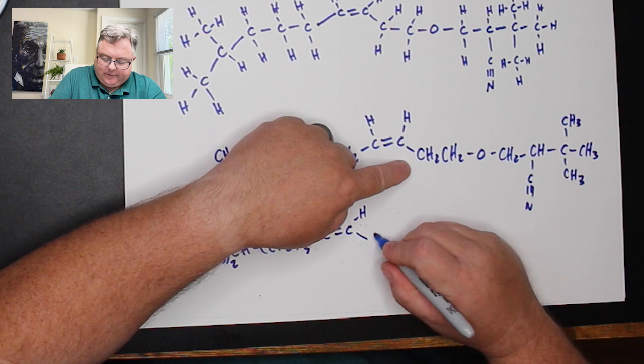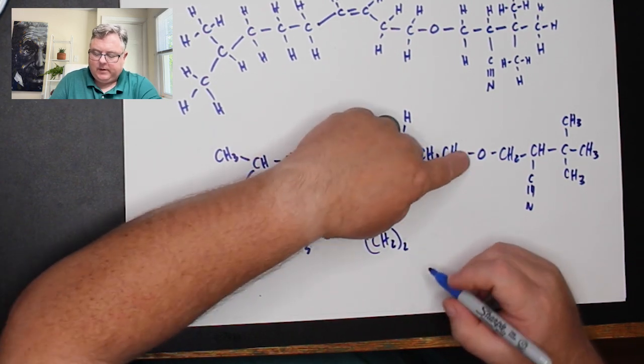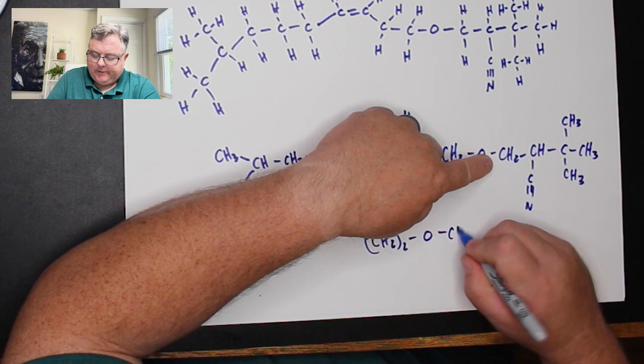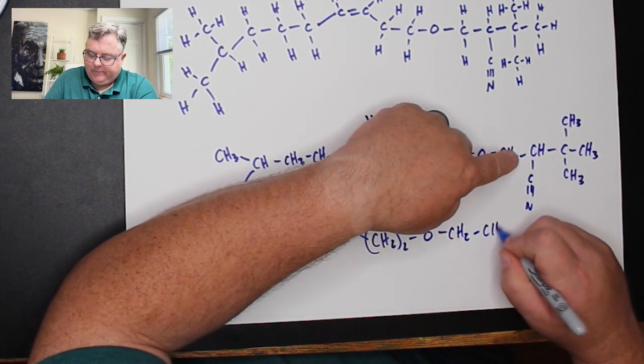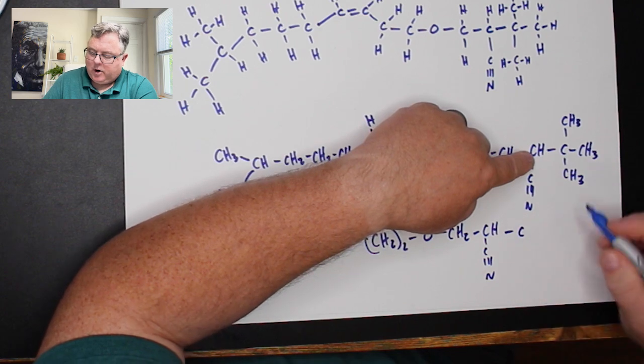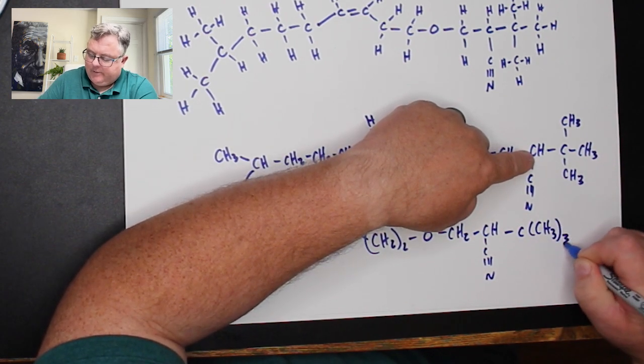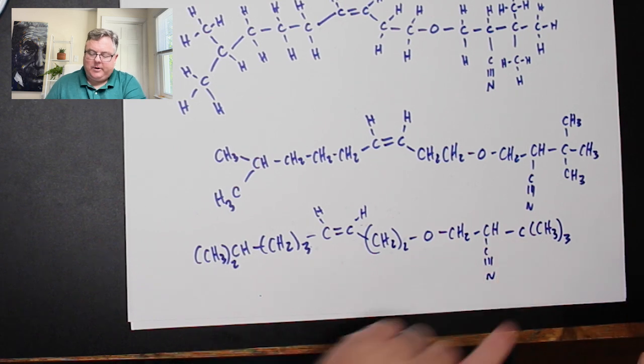And a couple of CH2s here. There's 2 of them, to an oxygen, to a CH2, to a CH with my C triple bond N, to a carbon, and maybe they would put all 3 of those CH3s. Just say there's 3 of them on that carbon.